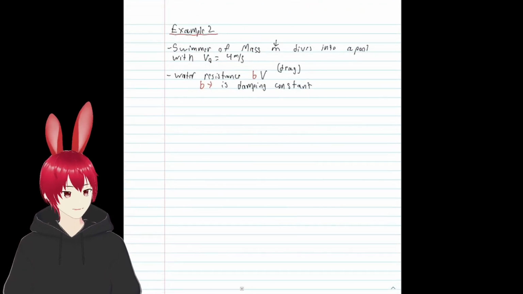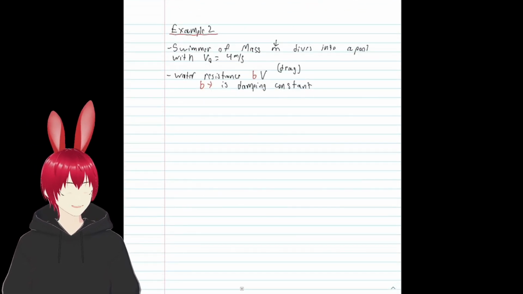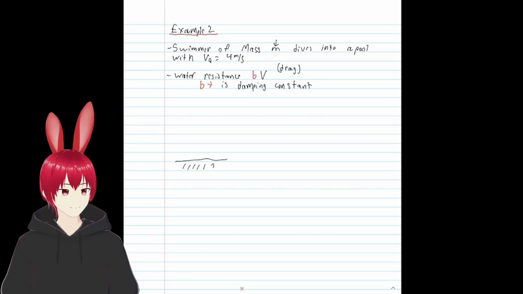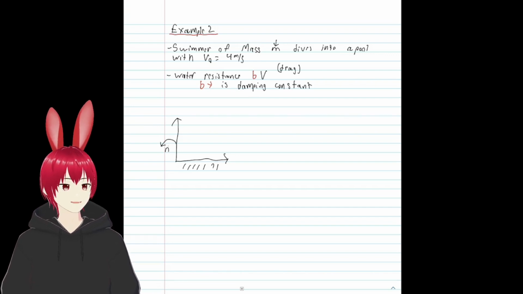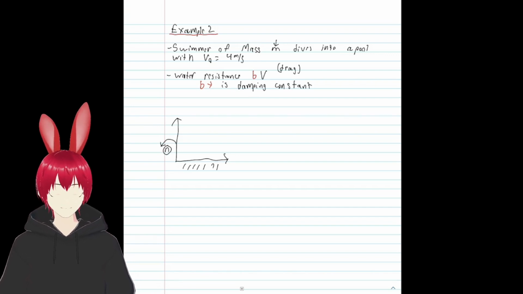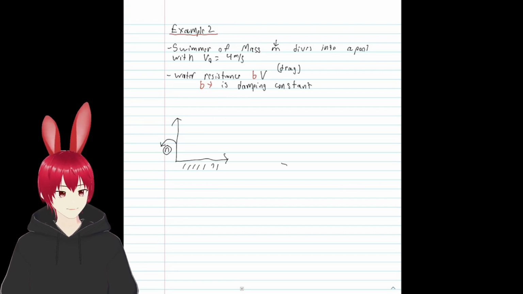Moving on to example 2, we have a swimmer of mass lowercase m who dives into a pool with an initial velocity of 4 meters per second. Our water resistance can be described as b times v, which is a very simple form of drag, and our b is a damping constant that we can just label as a letter.